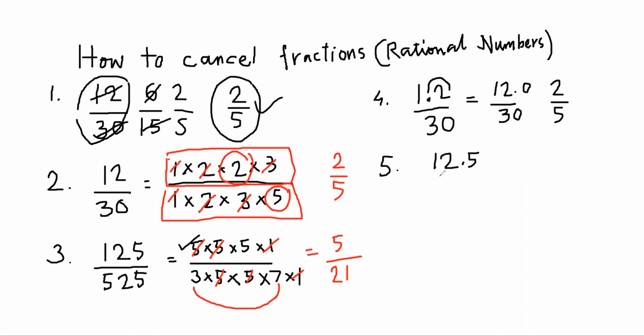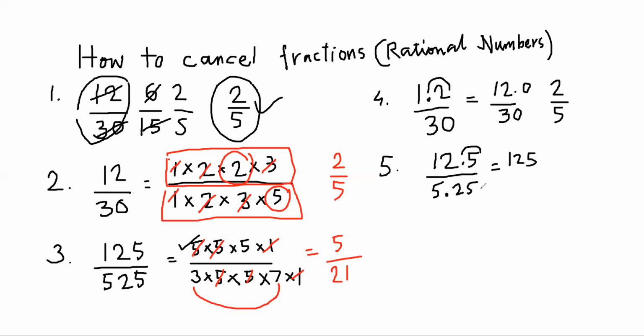Let's take another example of say 12.5 divided by 5.25. Maybe this will be the most complex that you could be having. So you are shifting this here, so 12.5 will become 125.